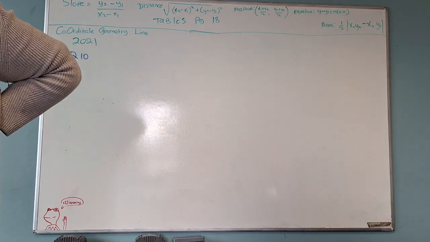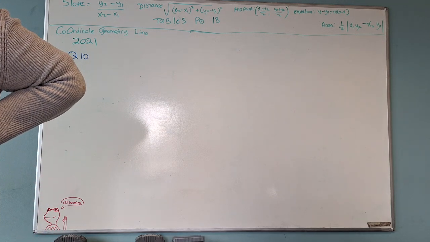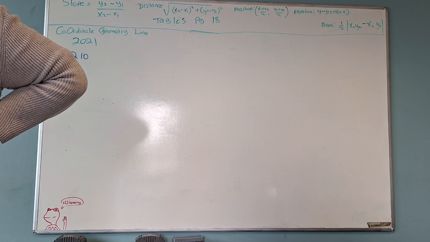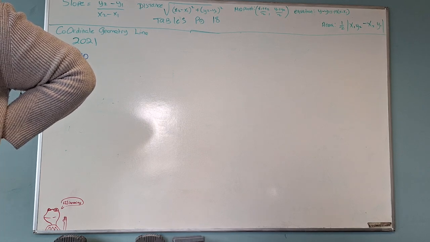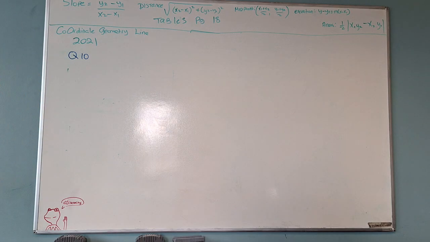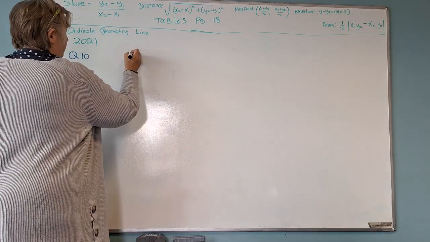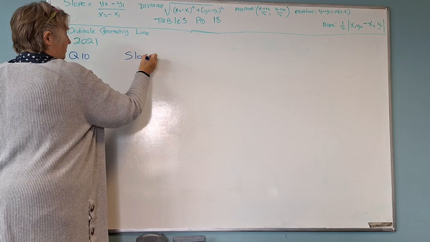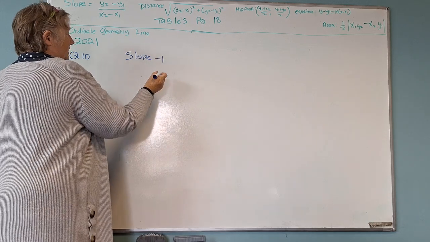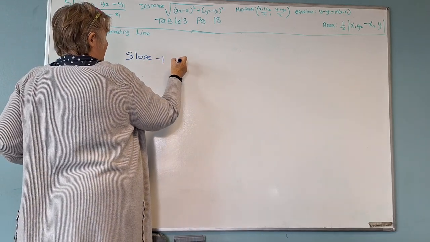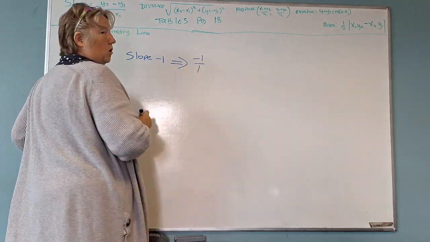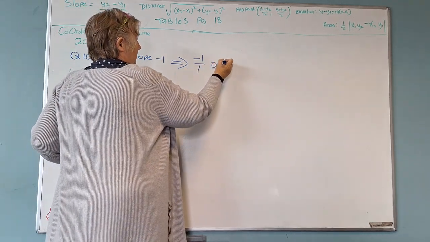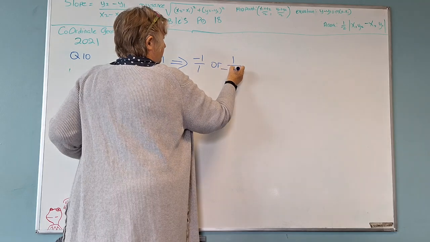Next, F is located on the map. The point F is on a line which contains A, 3 minus 5, and has a slope of minus 1. Okay, very important. Slope of minus 1. That can be written as minus 1 over 1 or 1 over minus 1.